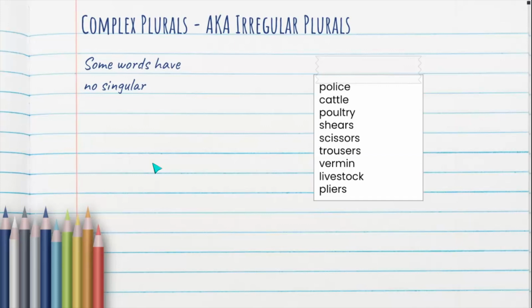Anyways, why is it the pair of scissors or a pair of shears? We know it's a pair. What is the pair? Anyways, it was a very funny little conversation, and of course people are buying into it, which was probably just for clicks and likes. But like poultry is always plural. And things I've never thought about. Police. Okay, interesting.